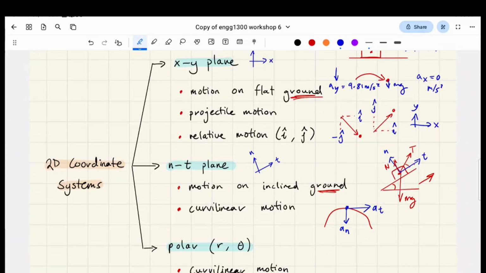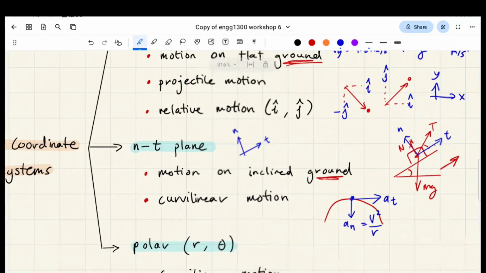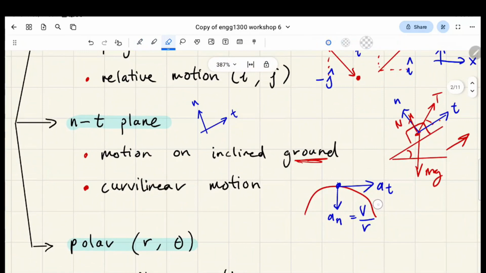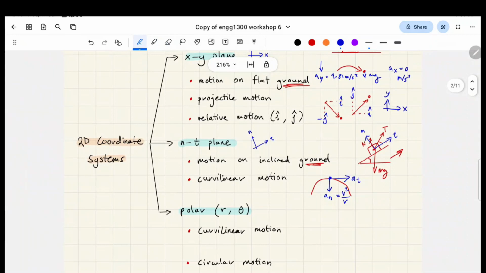The normal component has a formula, which is v squared on r, whereas for the tangential one you'll have to use the sum of forces equals mass times acceleration. We'll see how that comes into play in question 2, I think.